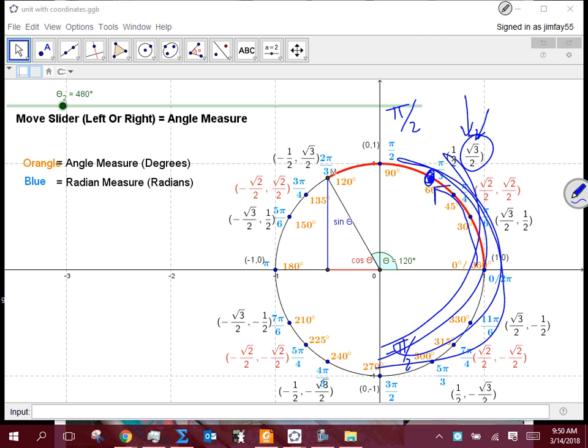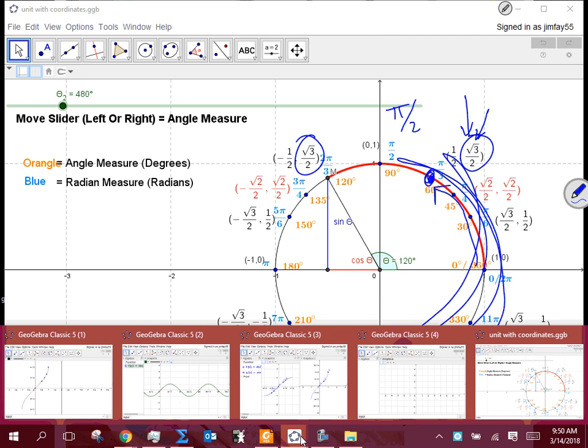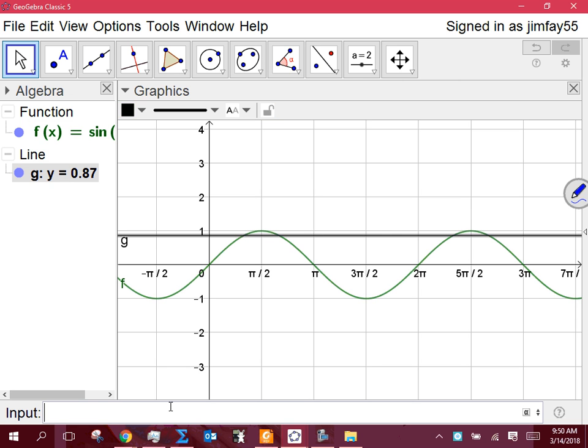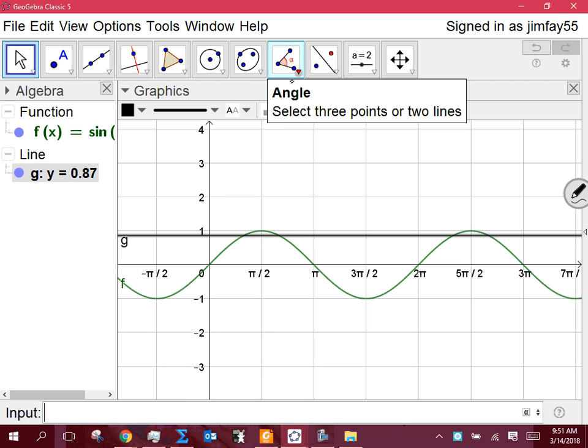That being said, if I look at radical 3 over 2, is there a potential that I could actually be talking about 2 pi over 3 as an angle? Does that make sense, everybody? It might make more sense when we look at the line y equals square root of 3 over 2. Doesn't that happen in a lot of different places?